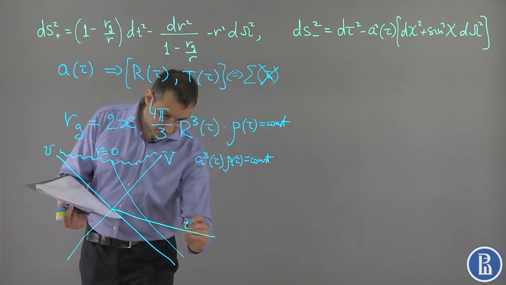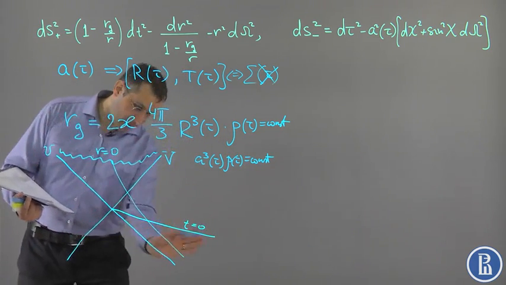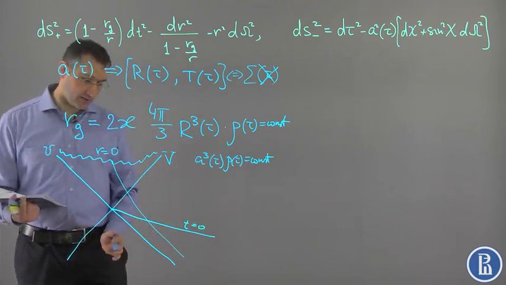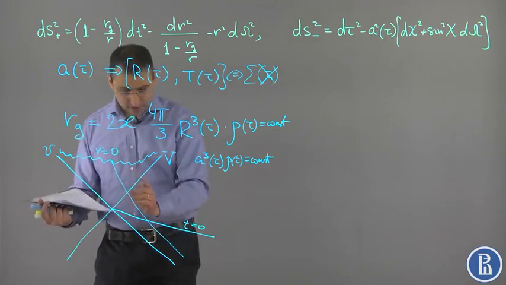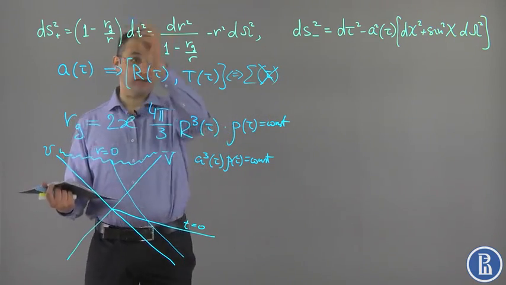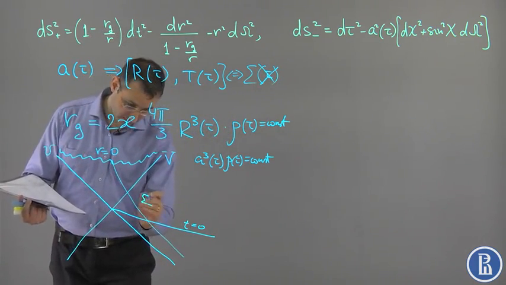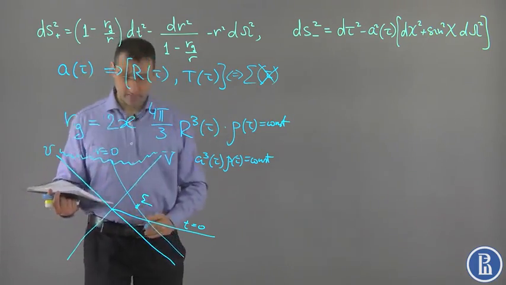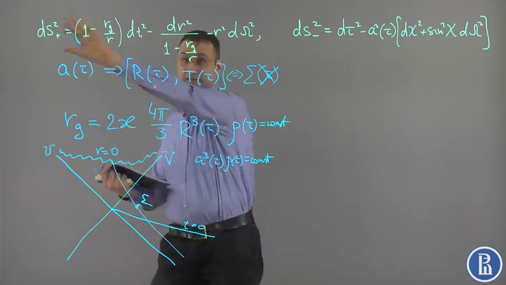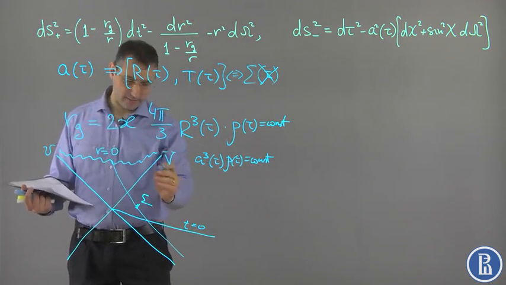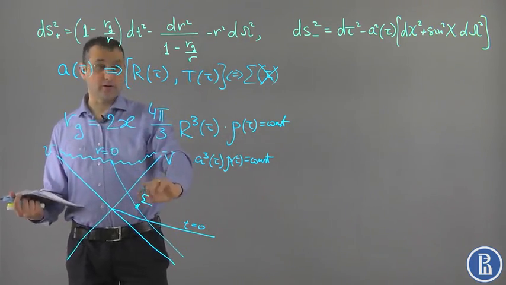Before t equals 0, this part is the same as we have encountered in the previous lecture for the star. And after t equals 0, we have this collapse described by this situation. So this is sigma. This metric is applicable here, in Kruskal coordinates.